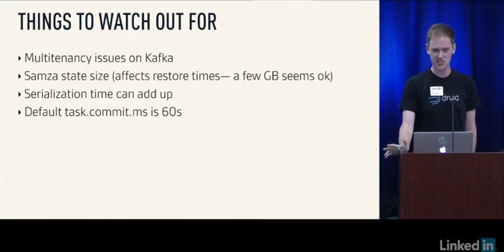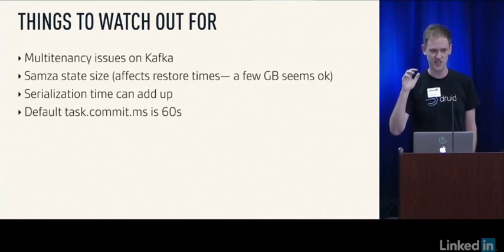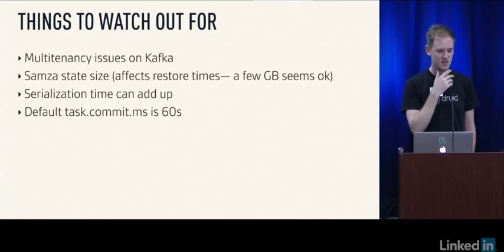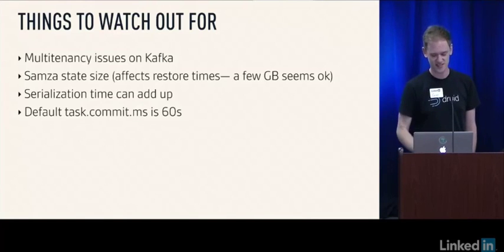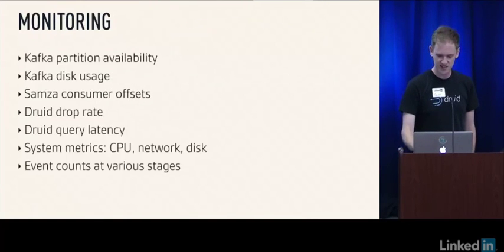We actually didn't change that. We're still using 60 seconds, but it can be surprising at first when you restart a job and realize that you get 30, 40, 50 seconds of duplicate data loaded into your database. So we were surprised by that at first and then decided, well, it's probably fine. But it's something to look out for.